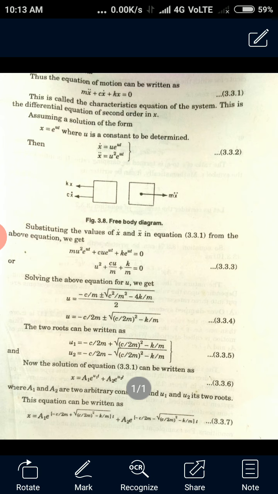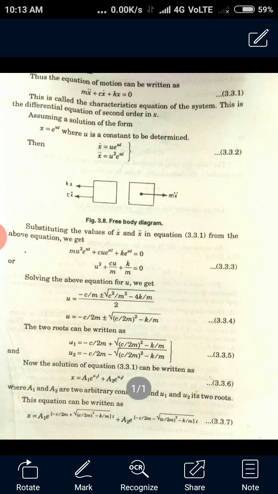All sum to 0 for equilibrium. This is called the characteristic equation of the system. This equation is a second order differential equation, and now we have to find the solution for this equation, equation 3.3.1: mx double dot plus cx dot plus kx equal to 0.